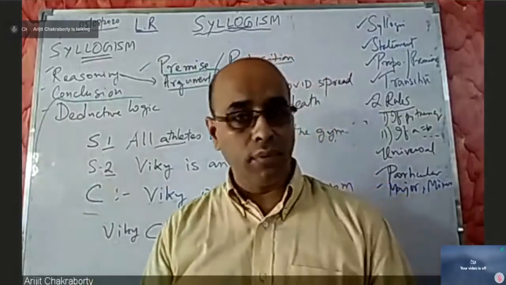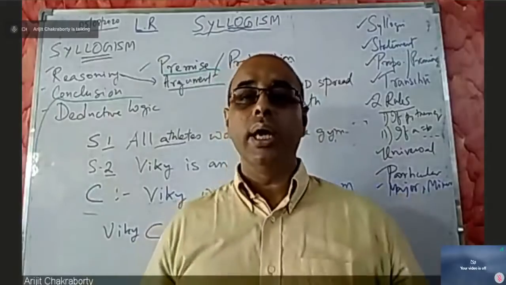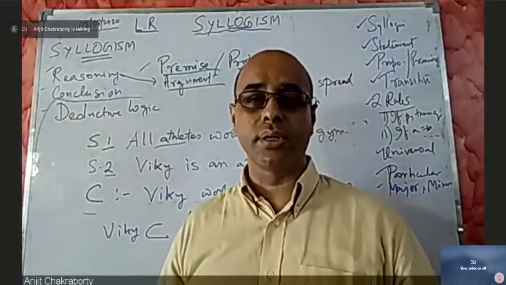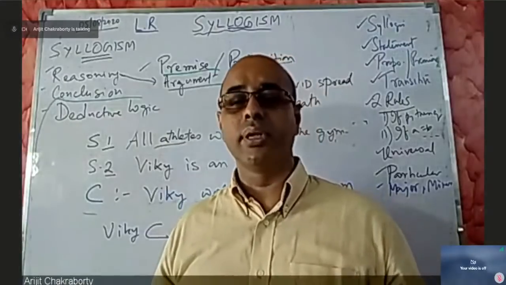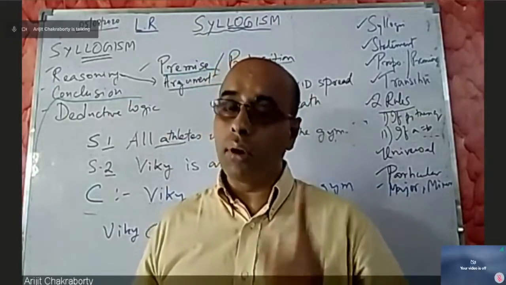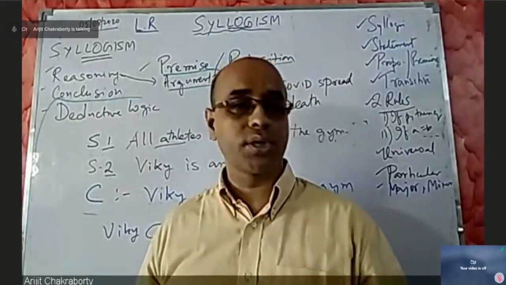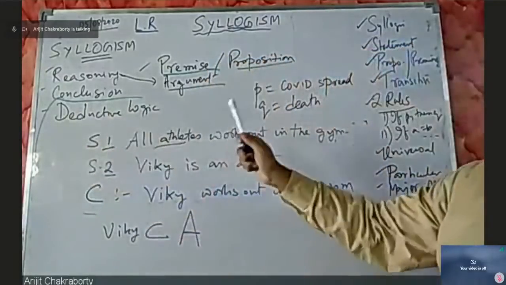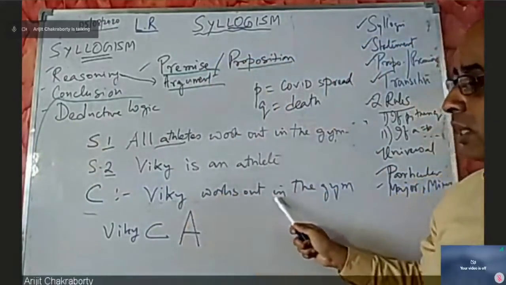Please keep a note of all of them. These are your study notes, and along with the study materials, once you go through it at the end of the session, I'm very confident that all of you will be able to do well and you will be getting all answers correct, whatever question is given to you. Okay? So here we have major premise, minor premise, and this is the conclusion.